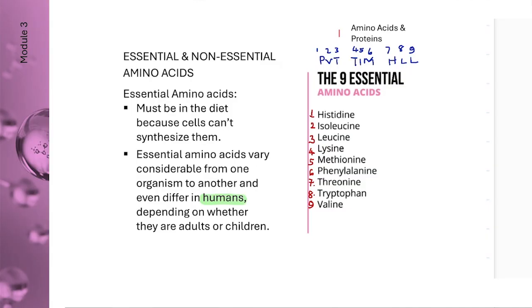P for phenylalanine, V for valine, T for tryptophan, then T for threonine, I for isoleucine, M for methionine, H for histidine, L for leucine, and the other L for lysine.